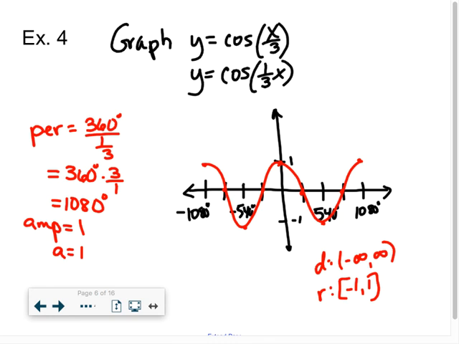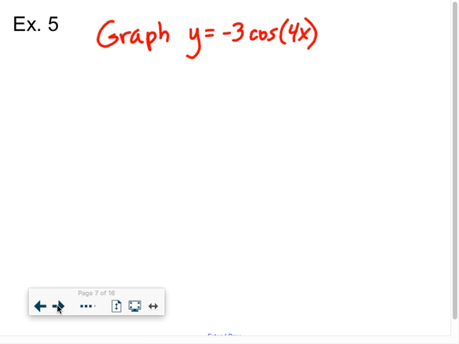All right, now let's put 2 of them together where we mess with the amplitude and the period length. Here we go. Example 5. We want to graph y equals negative 3 cosine 4x. So what I want you to do is determine the period length, the amplitude, and A. See if you can get that much on your own.